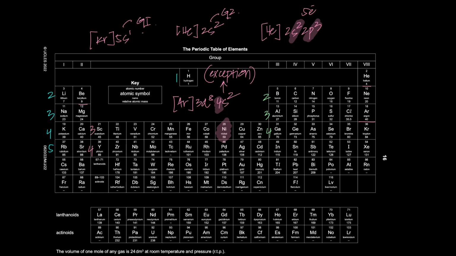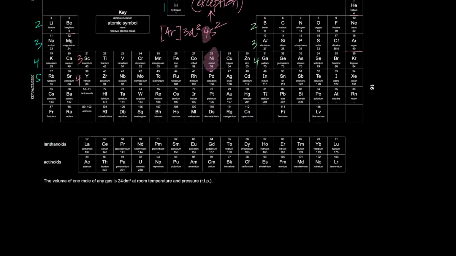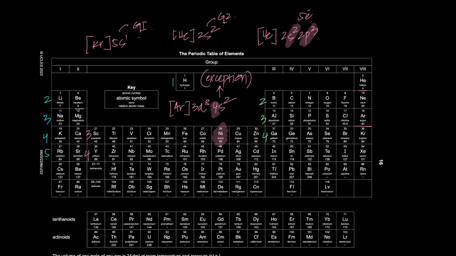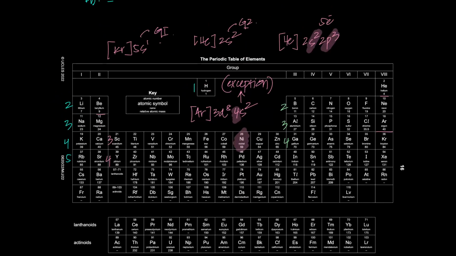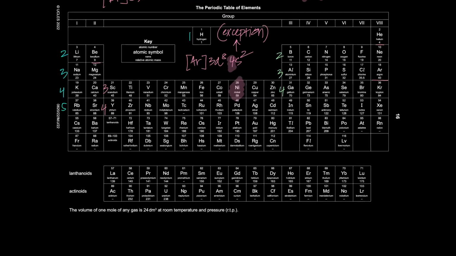So this is an exception. This doesn't tell me the group number. All the others would, but this wouldn't. In D block, you can't figure out the group number from the shorthand electronic configuration, right? Makes sense, guys? Okay.